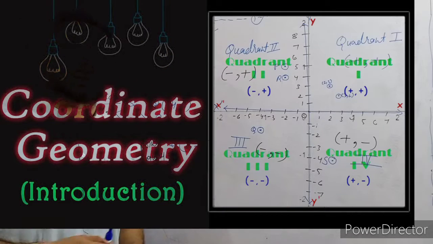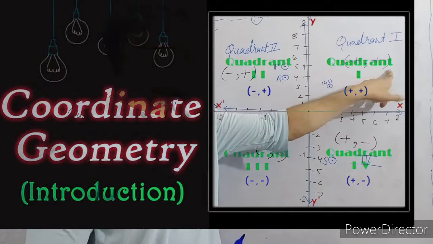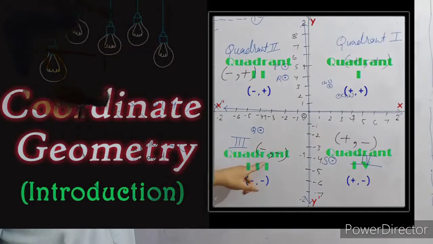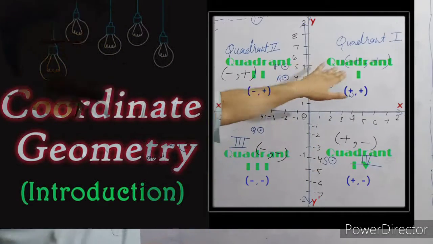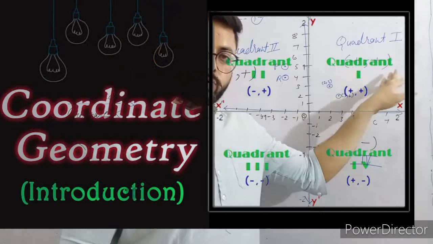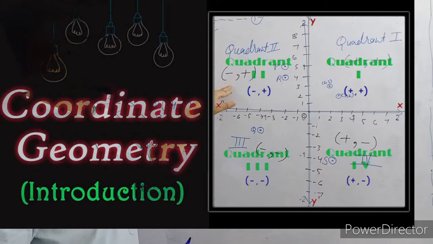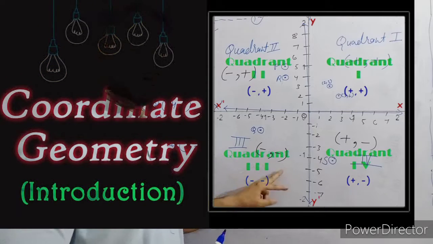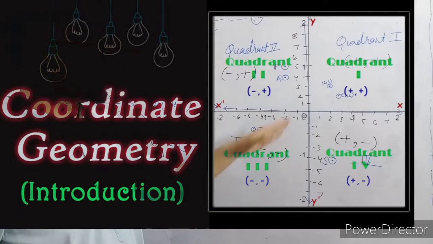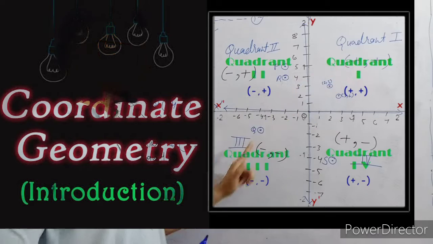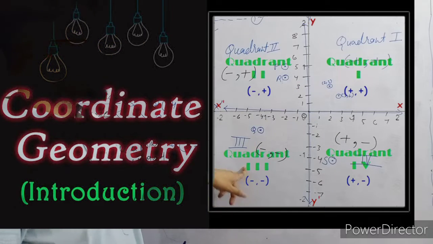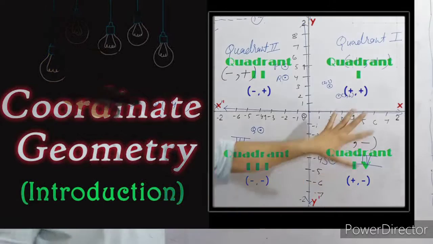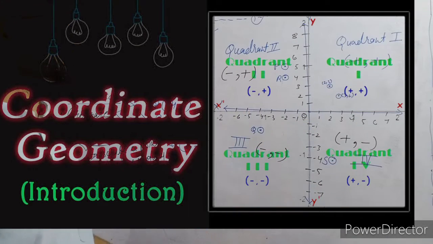So without drawing on the graph you can check with the help of these signs. In the first, abscissa and ordinate are both positive. In the second, abscissa negative, ordinate positive. In the third, both negative. So see, here both positive, here both negative. Here x is negative, here x is positive. So with the help of the sign also you can check.